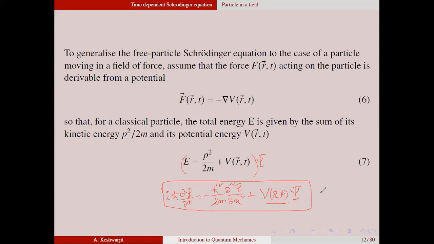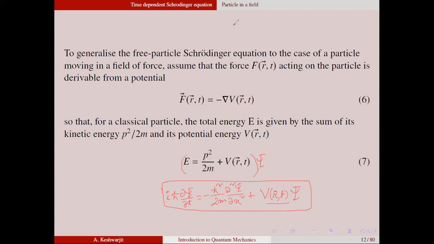And if you want to extend this equation to 3 dimensions, we only need to make one small change. This second order derivative with respect to x will simply be replaced by the Laplacian operator.